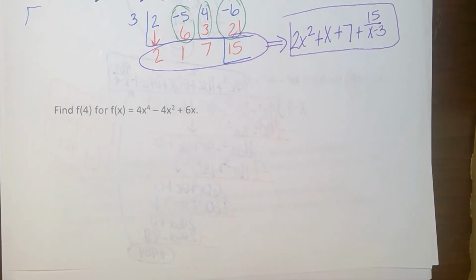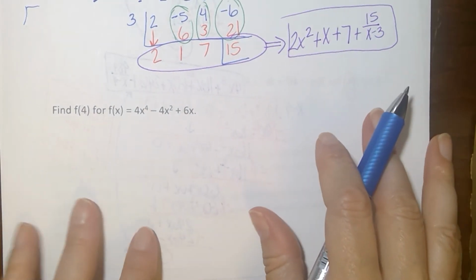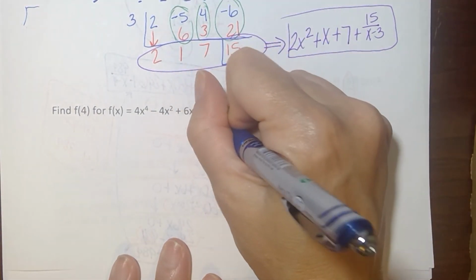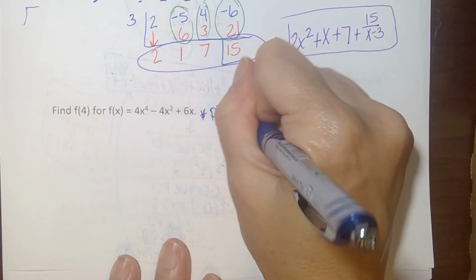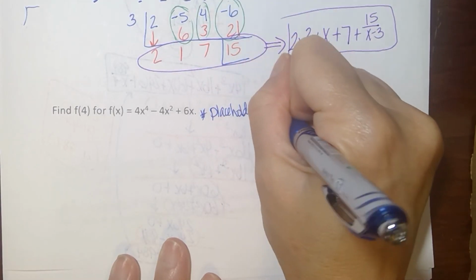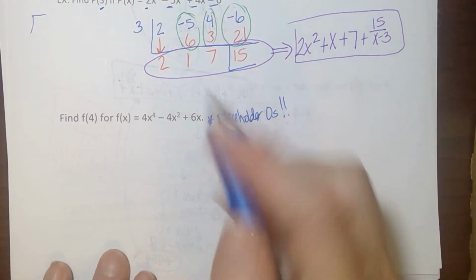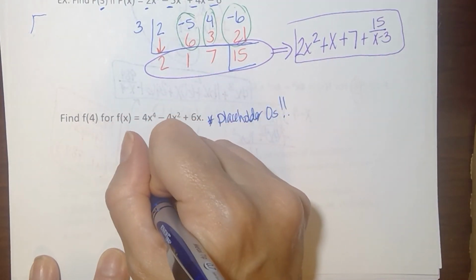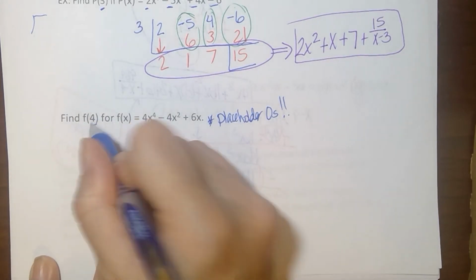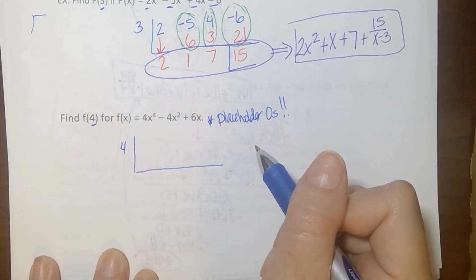Let's do another. This is the other problem that we did on the last page. Note that we need placeholder zeros. I have to have every term, including the constant, represented. So when I set up my synthetic division, I'm dividing by the value.